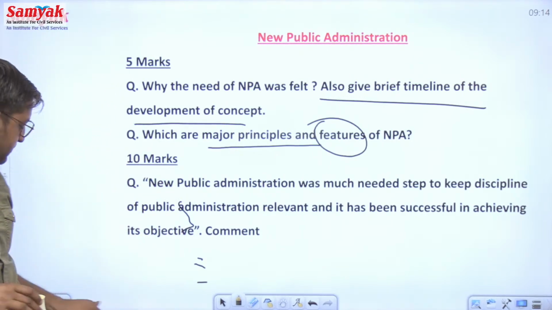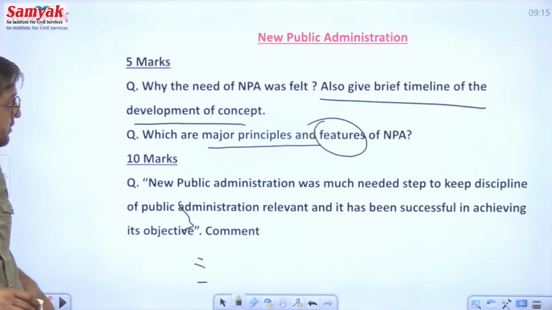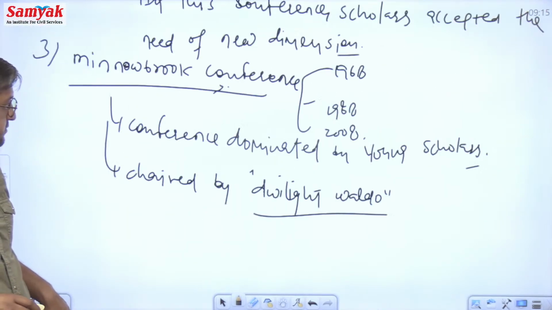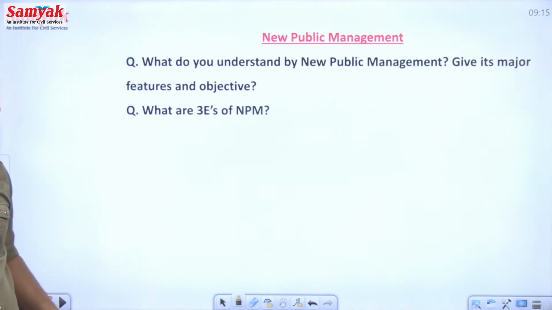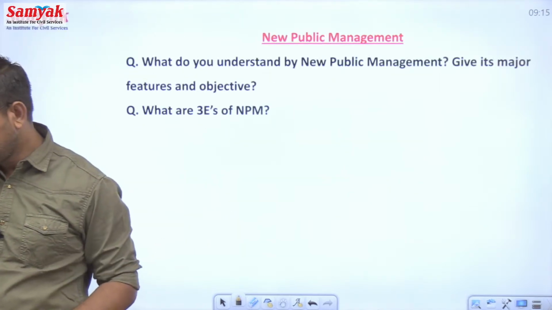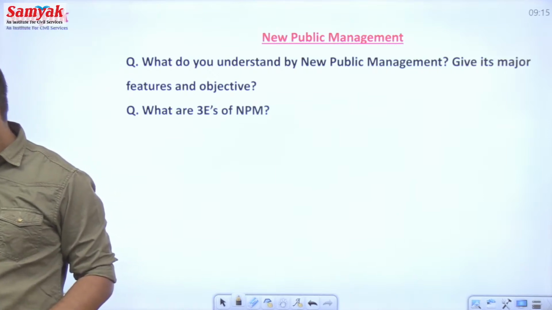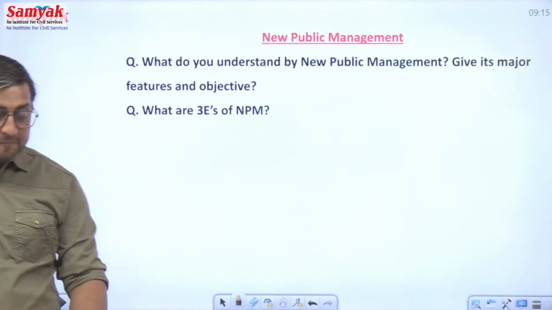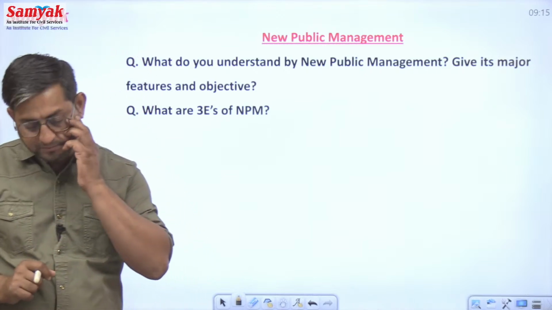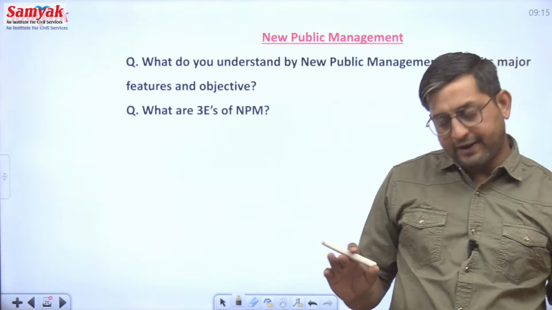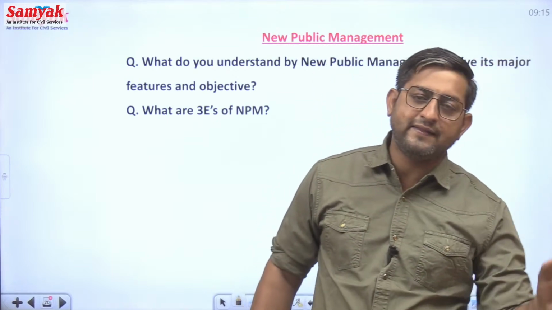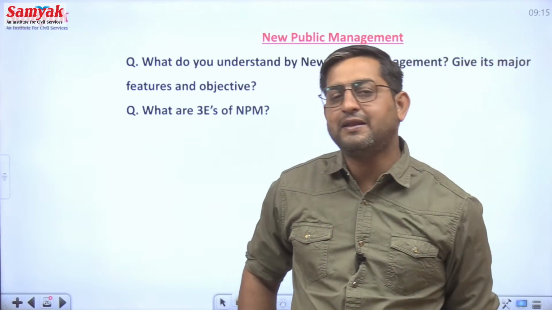Now we have the next topic, that is new public management. Very small topic. अभी न्यू पब्लिक मैनेजमेंट क्या था? 1990s के अंदर जब लिबरलाइजेशन हुआ, इंडिया में 1990s हो रहा है, दुनिया के अंदर 1980s 75 के बाद लिबरलाइजेशन हुआ है.